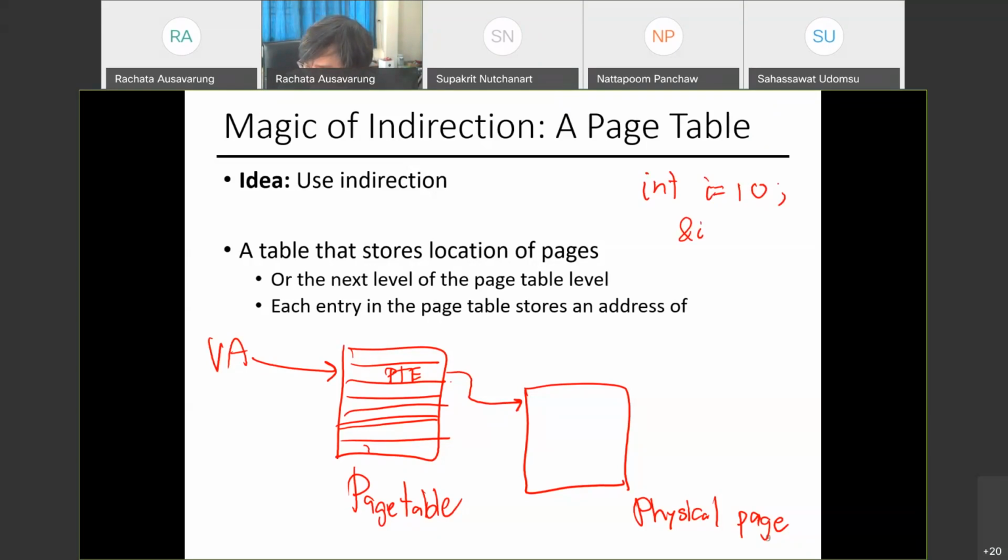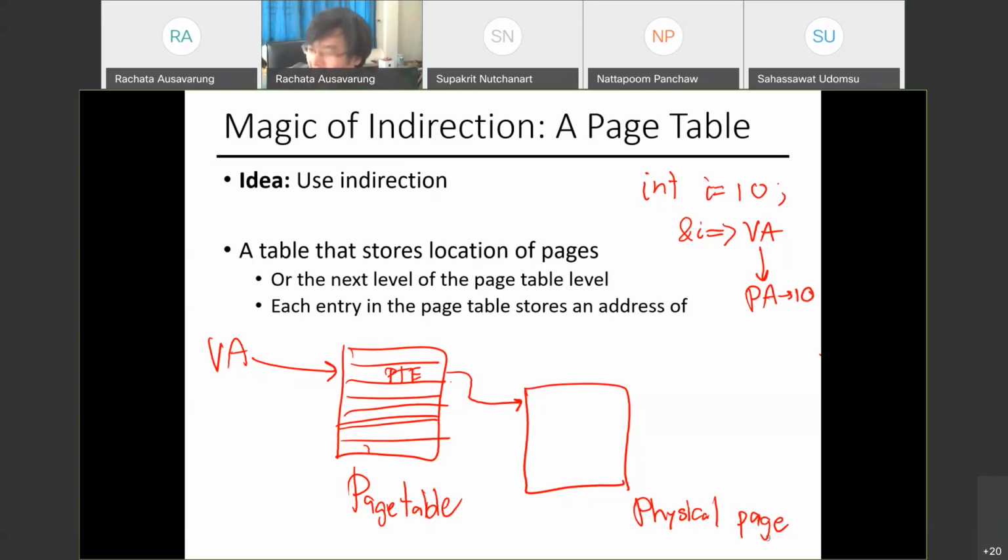The virtual address can be used to somehow get my physical address, which stores the value 10. Both the virtual address and the physical address can be used to look up where this data is. To get the data, you need to translate the virtual address into the physical address before you can get to the actual data, 10.